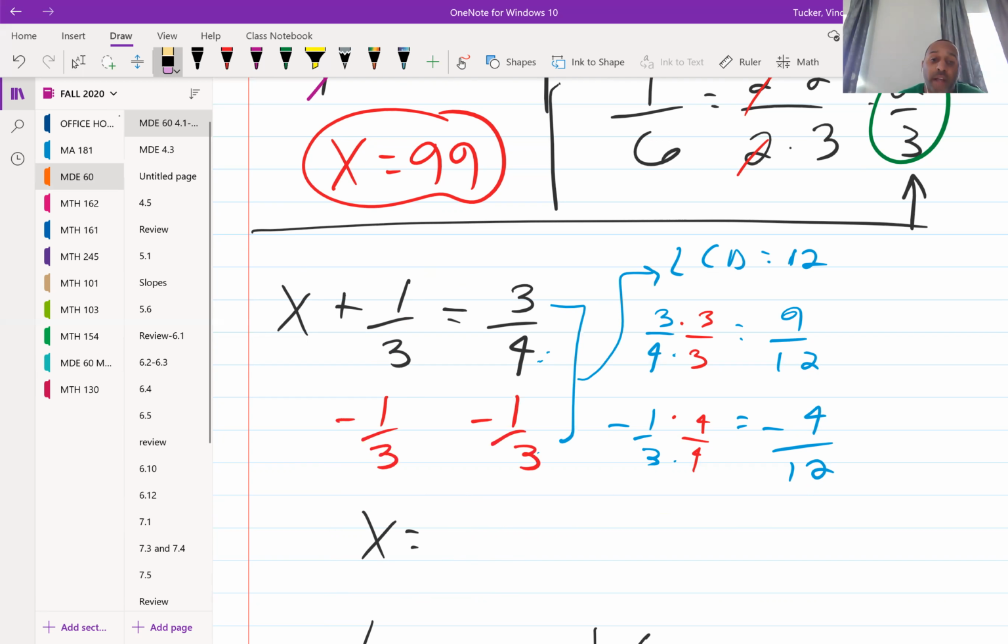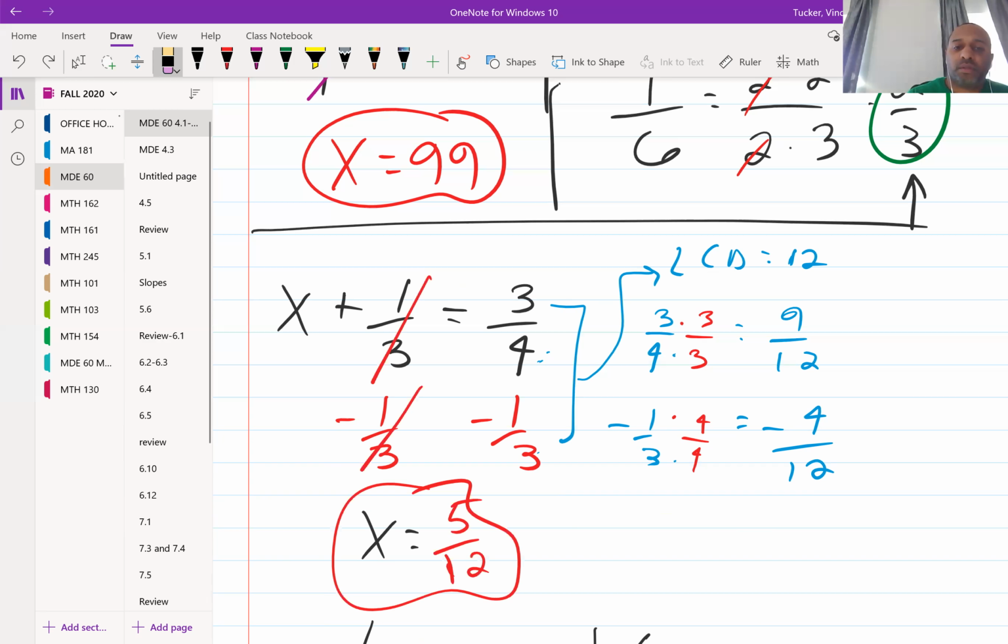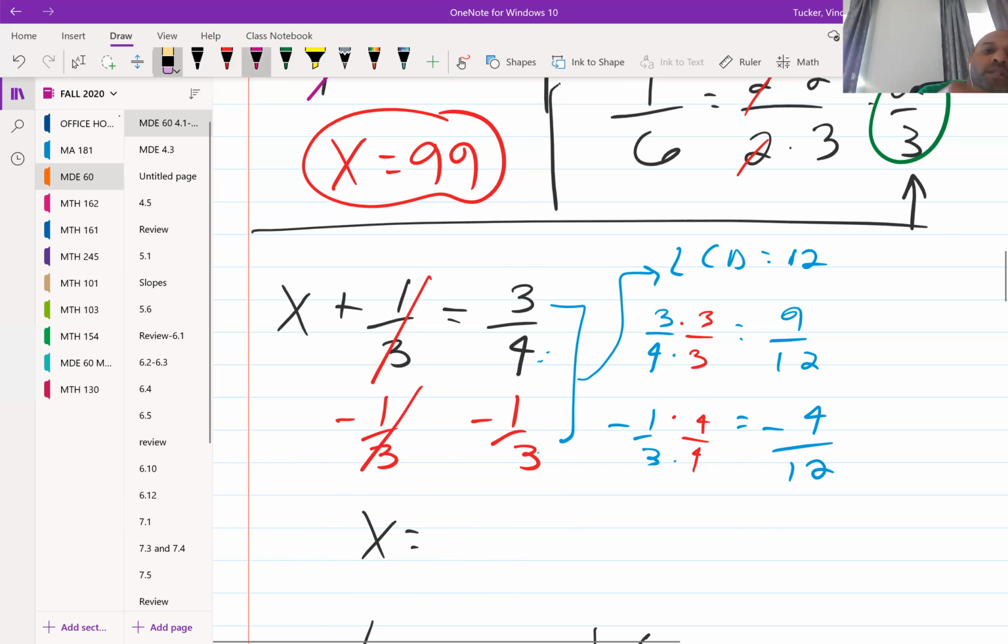Don't forget, whenever subtracting or adding fractions, you have to find your common denominator. So the LCD is 12. We multiply top and bottom by 3 for that 3/4, which turns into 9/12. Negative 1/3 turns into negative 4/12. We multiply top and bottom by 4. And then 9 minus 4 is going to be 5/12.